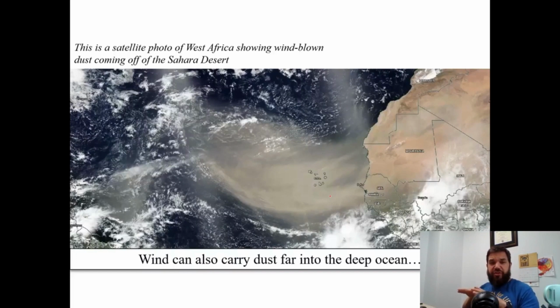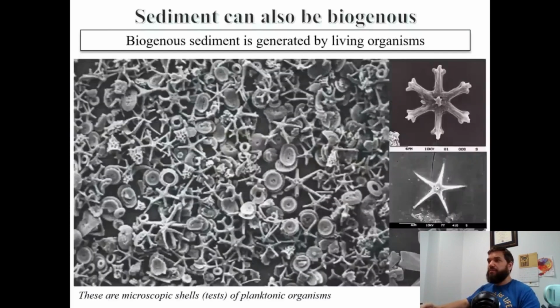The vegetation stops dust from being blown and carried off, so places that don't have a lot of vegetation cover produce a lot of these wind-blown dusts. Okay, so that's terrigenous sediment. Could be clays, wind-blown clays, could be carried by glaciers and icebergs, etc.